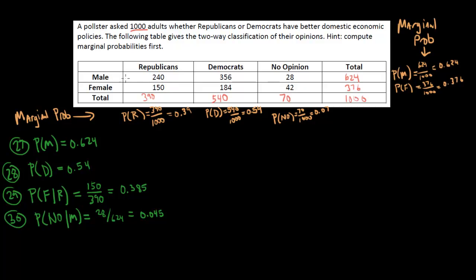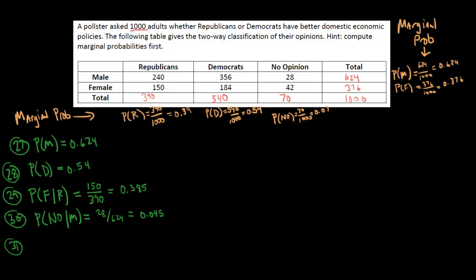That means we're guaranteed to be on this row here. Once you're in this row, what's the probability of having no opinion? 28 out of the total number in the row, 624. That's number 30. All right, number 31 says, which of the following pairs of events are mutually exclusive?